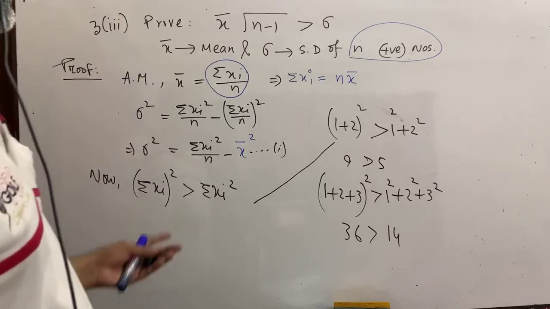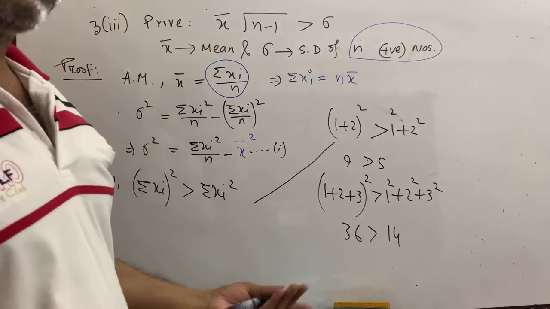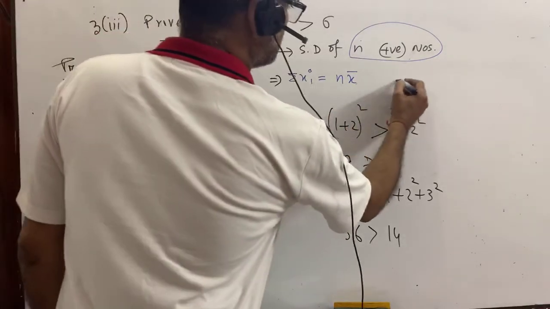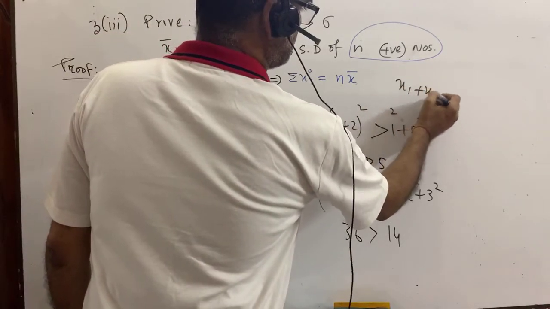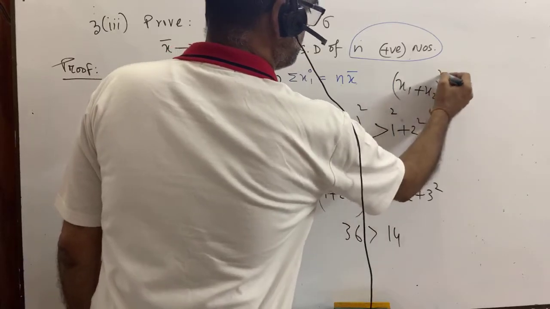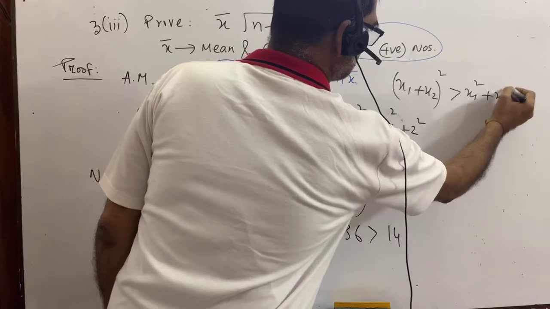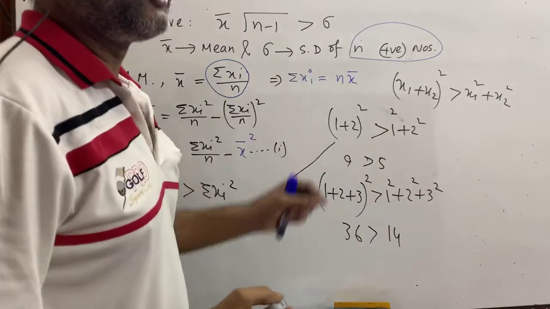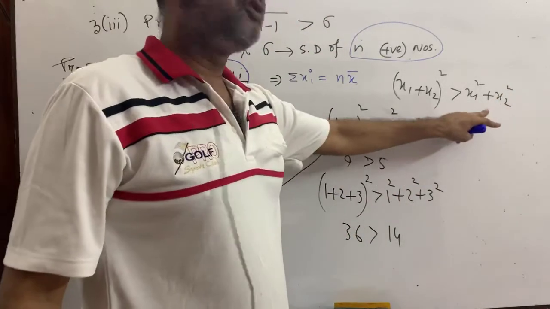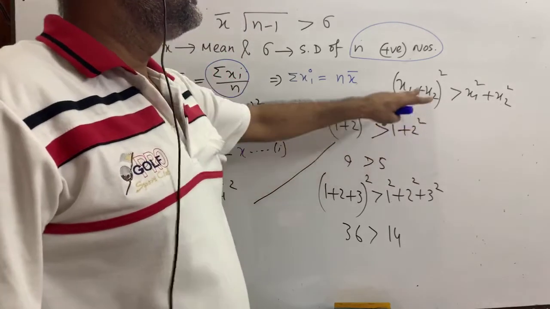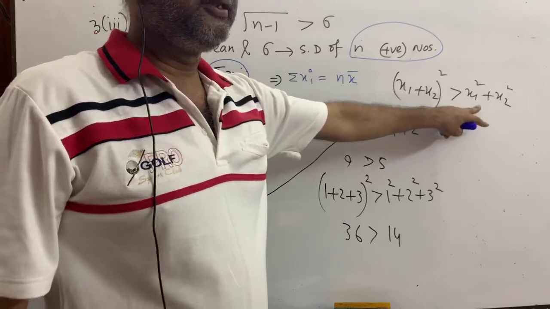Suppose xi means x1, x2 like this. That means here x1 plus x2 whole square is greater than x1 square plus x2 square, because there is 2 x1 x2, right? But that 2 x1 x2 has not been written. For this we can tell that this is greater than this.